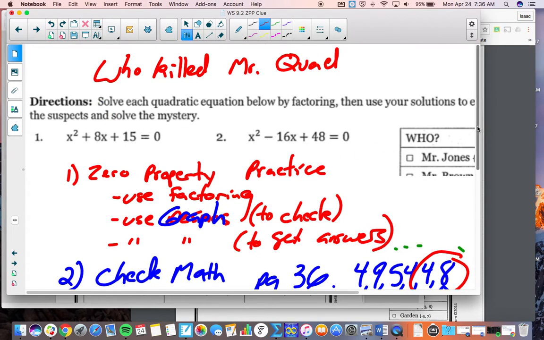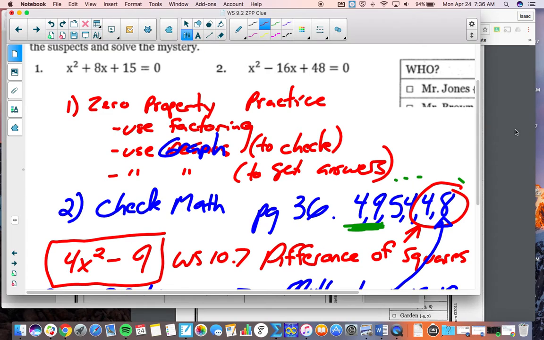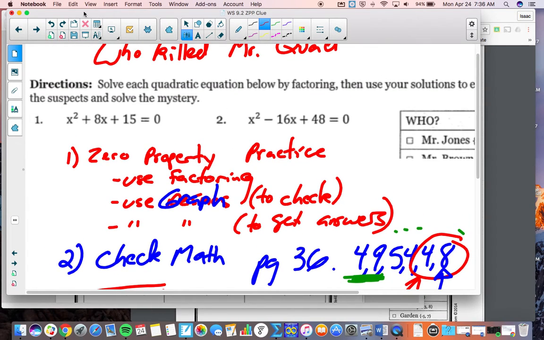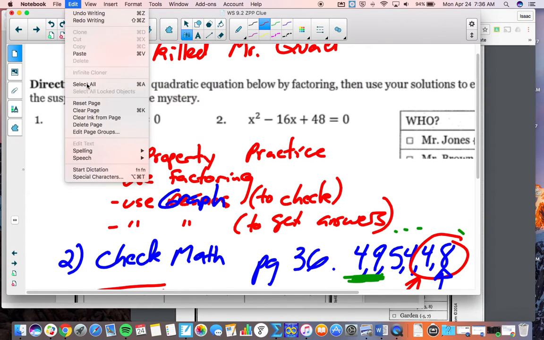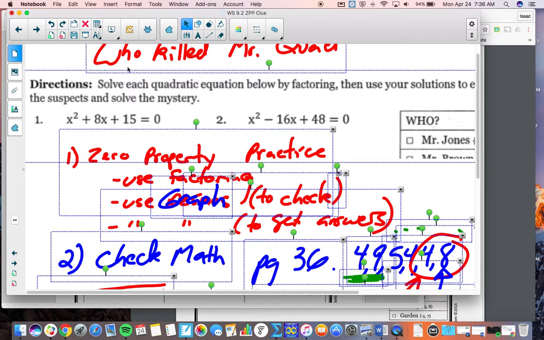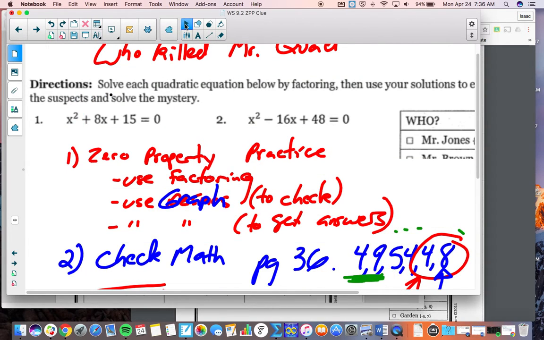So here we go. Give me 1 second here. Let me just move this stuff out of here. Alright, so if you check your notes from page 38, we want to set it equal to 0 and then factor this.